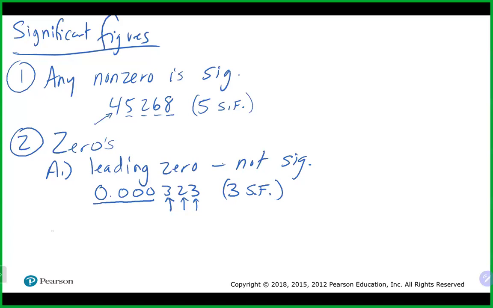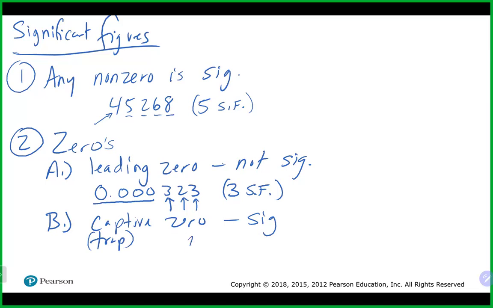The next type of zero is a trapped zero, a captive zero. And those are going to be significant. These are zeros that find themselves between 2 non-zero numbers, and they will be significant.